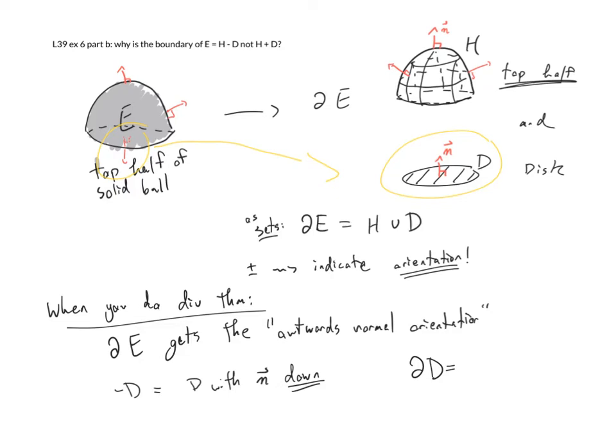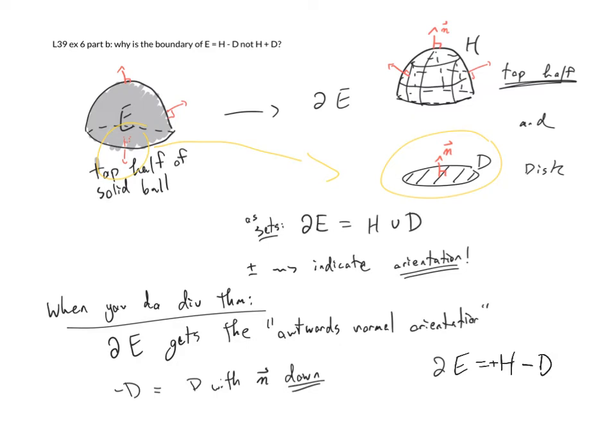So the boundary of E is H with the correct orientation, but D with the negative orientation.